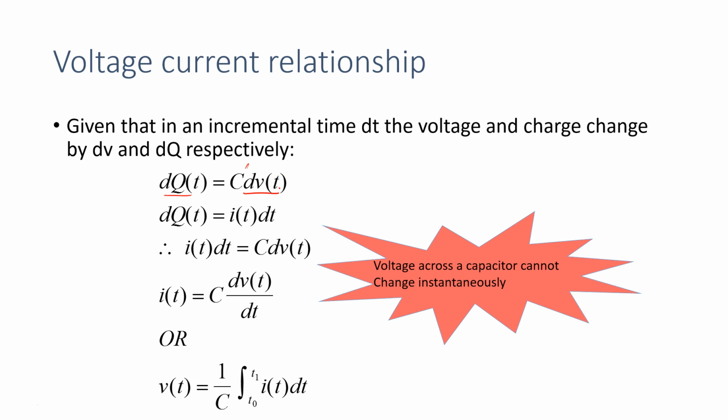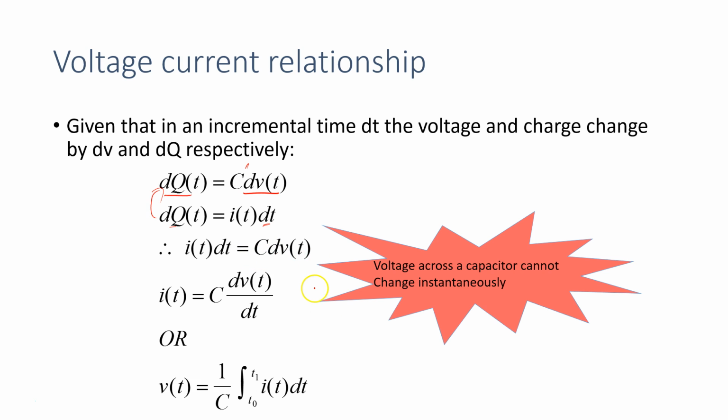I also know that this change in charge over time constitutes a current. So I know Q is equal to I t, in this case an incremental change in Q over an incremental time. So dQ is equal to I dt. And I could just substitute this in here, and I'll get I(t) dt is equal to C dV.